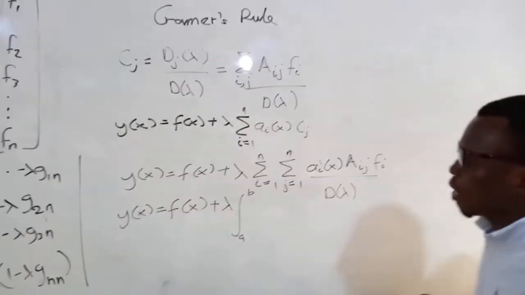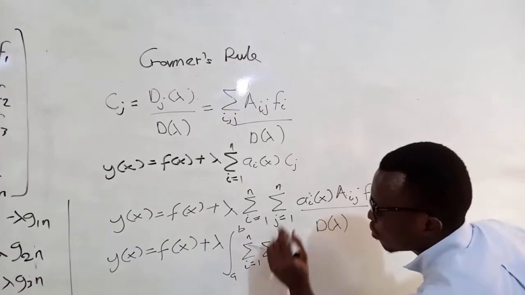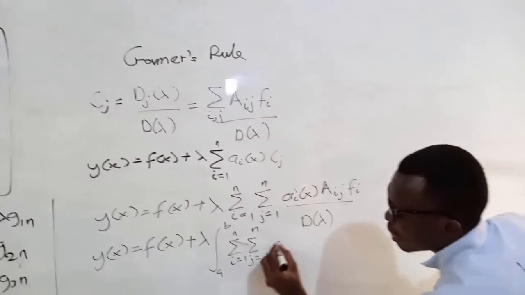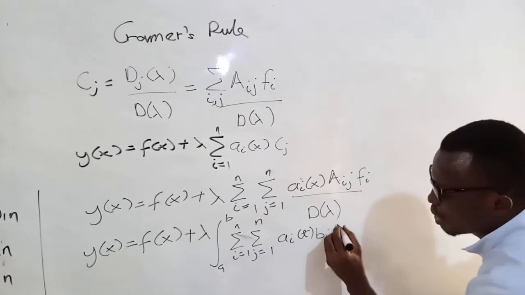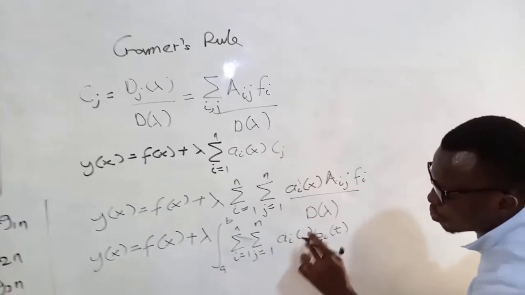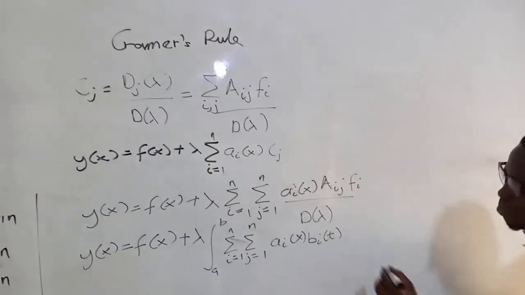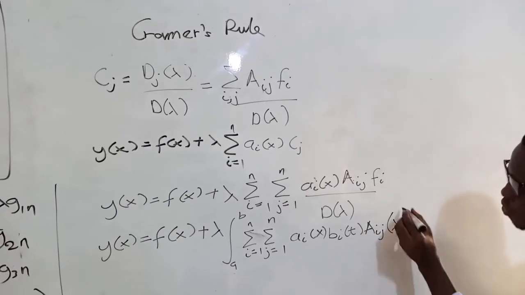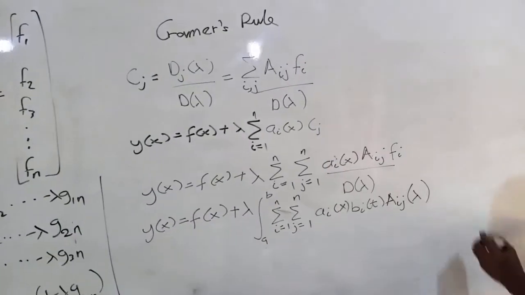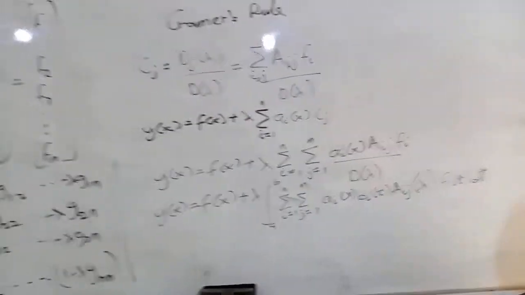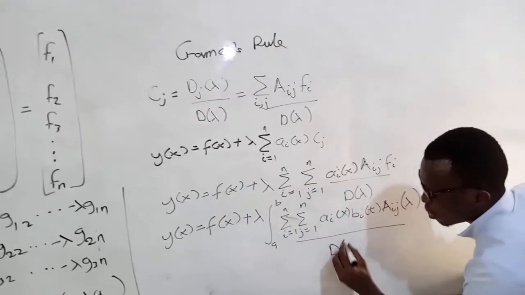So we are putting this into this side, and I'm going to see that here is the same as summation of i equal to 1 to n, summation of j equal to 1 to n, then my ai of s, sorry, ai of s, then bi of t, then aij, which is a function of lambda, then f of t dt, divided by d of lambda.